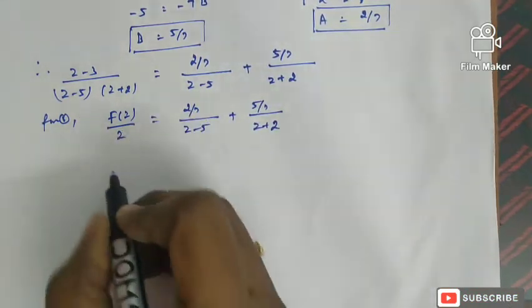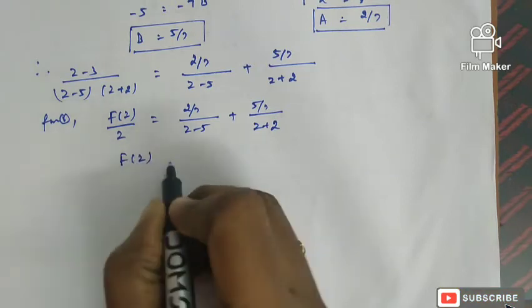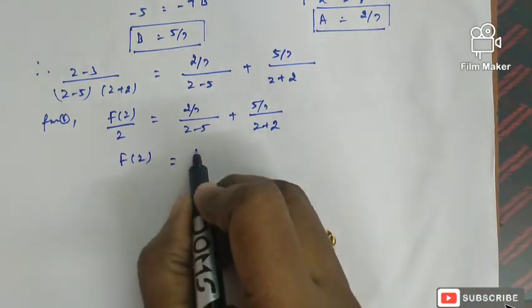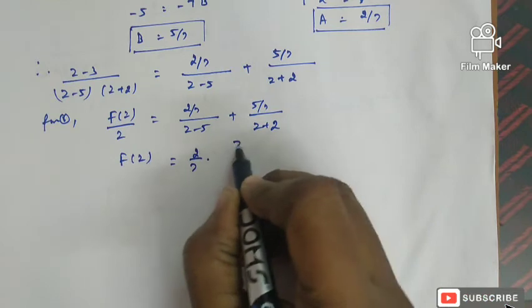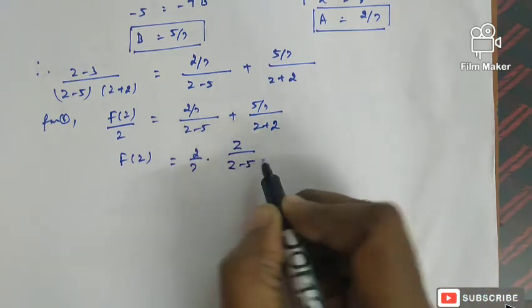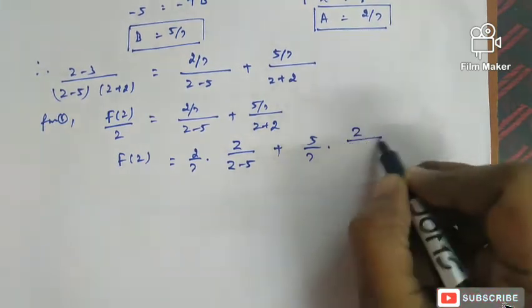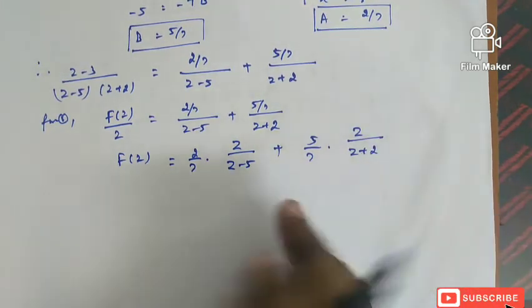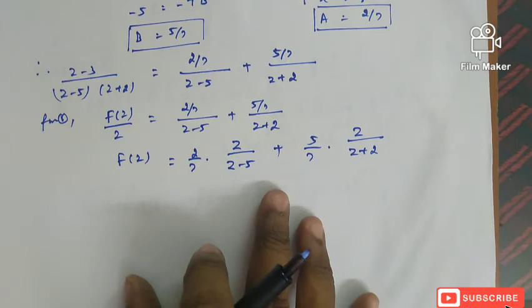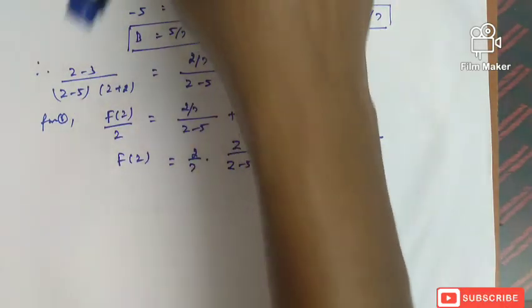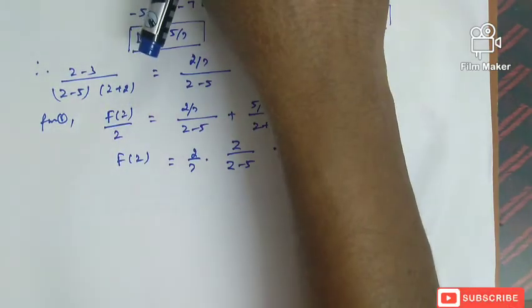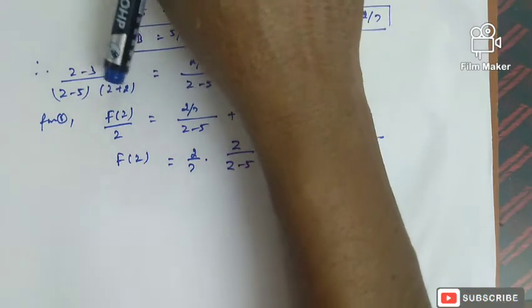Now we will cross multiply this. f of z equals, multiplying, 2 by 7 into z by (z minus 5) plus 5 by 7 into z by (z plus 2). After this we have to take the z inverse on both sides, because in the question we have been given z square minus 3z, which is what we have taken as f of z.